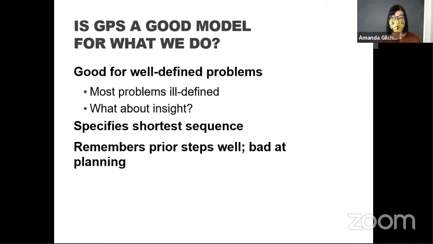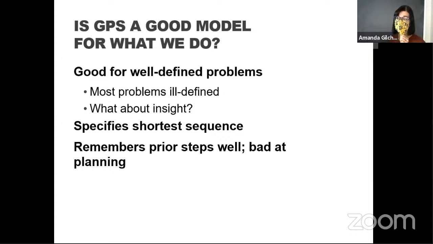Additionally, because the GPS is equipped with a short-term memory and a capacity for long-term memory retrieval, it's really good at remembering prior steps to solving a problem, what was previously done to solve the problem. But there's not really much talk about its planning ability.